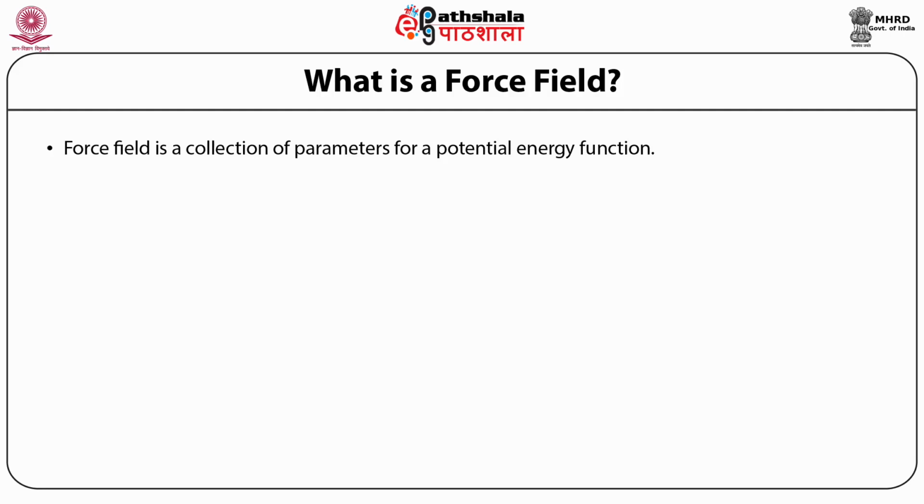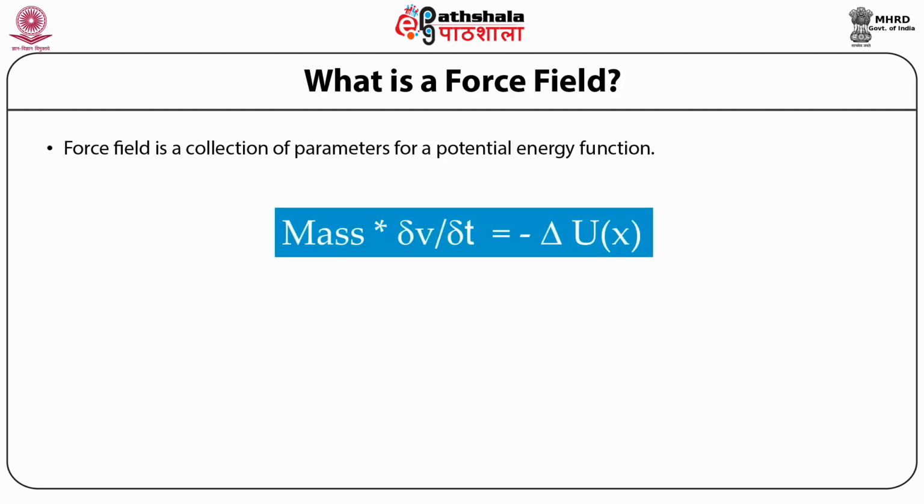Hence, this left hand side depicts mass into dv/dt, which is the force, not d squared v/dt. Please note, this is a rate of motion, that is rate of velocity. Hence, acceleration represented by dv/dt multiplied by mass is the force.